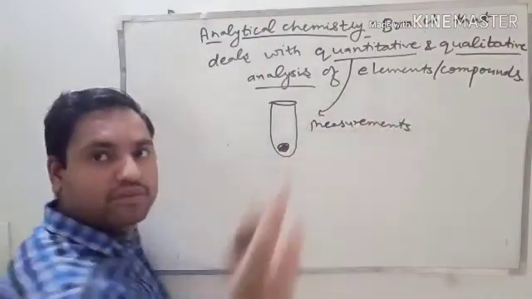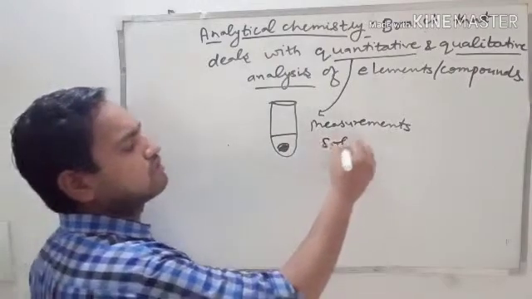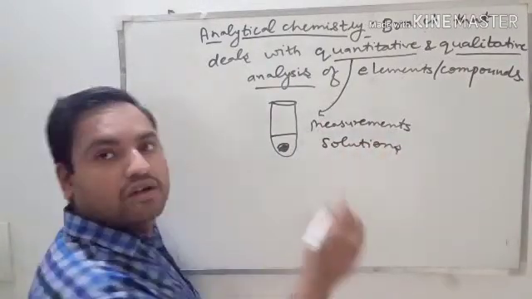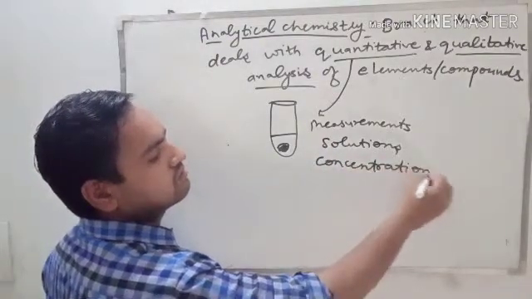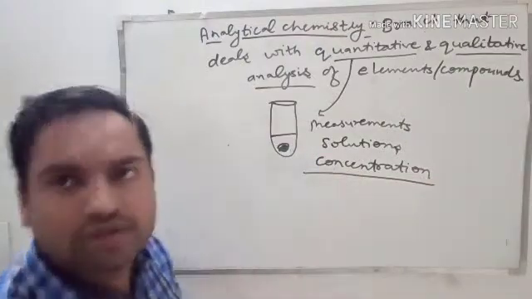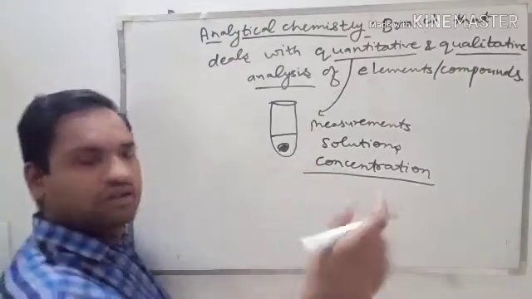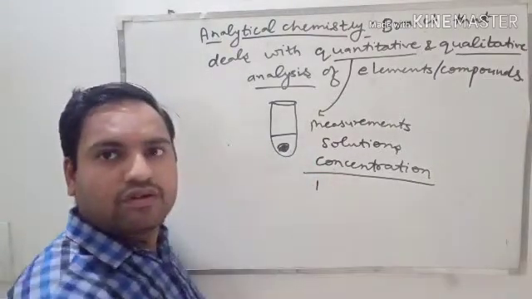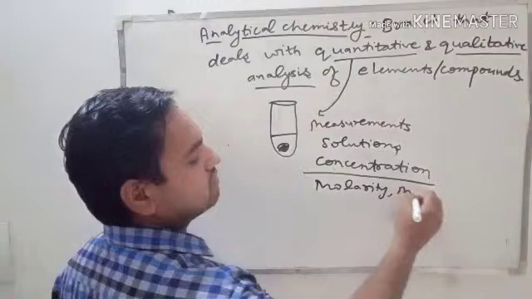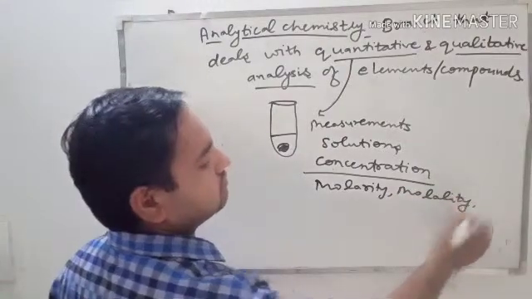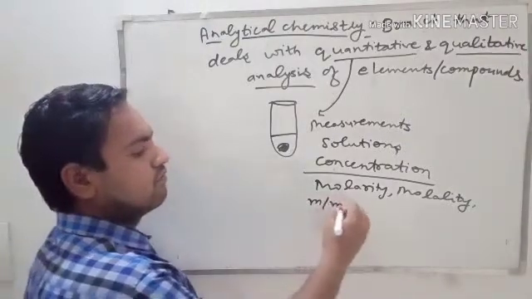So if you are measuring something in a test tube or you are making some solutions, in terms of concentration, how the solutions are made by using particular, different methods, which are covered further in the chapter, like molarity, mass by mass, volume by volume.